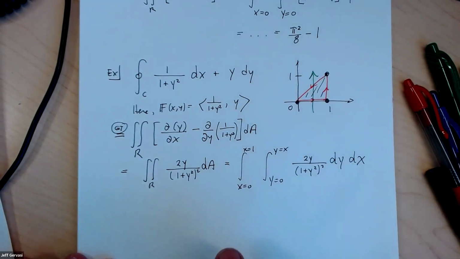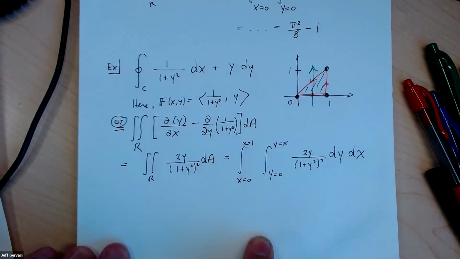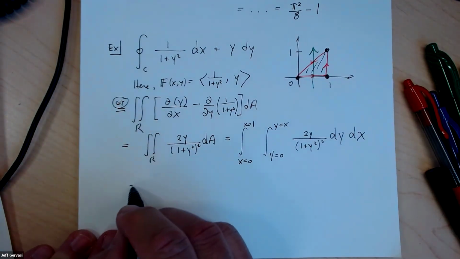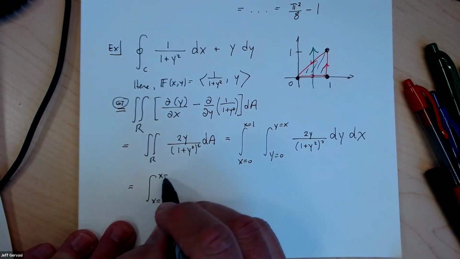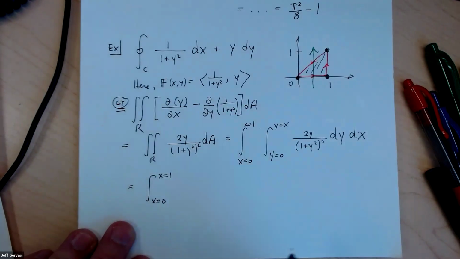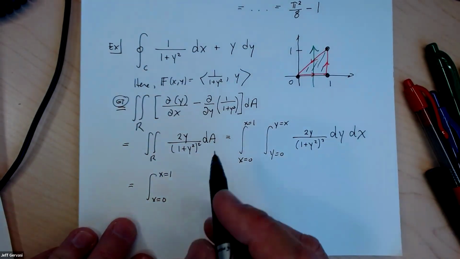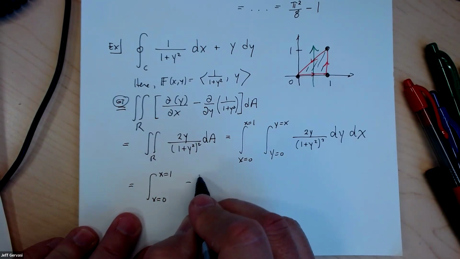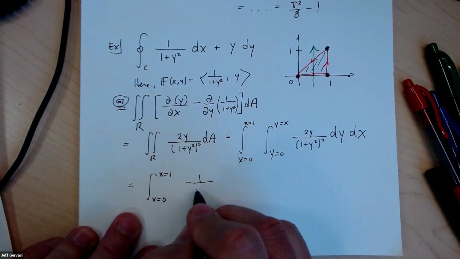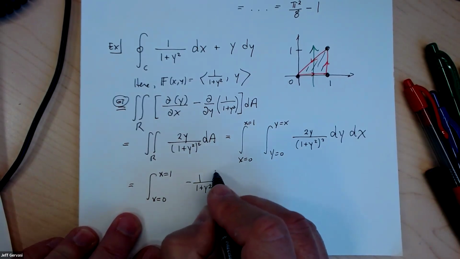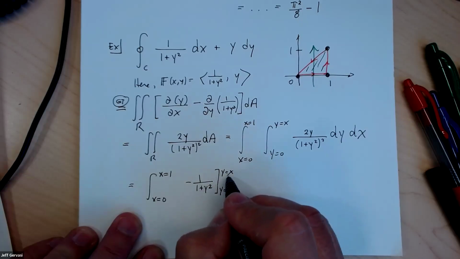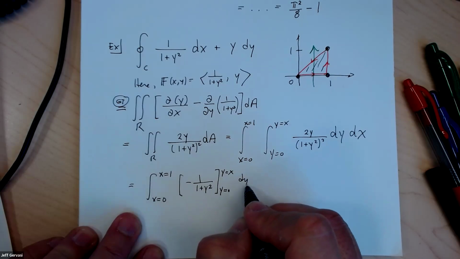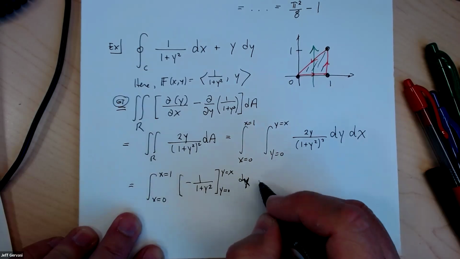Okay. And once again, this is just like the first example. It's going to be a straightforward integration. Okay. Maybe this one will do a little bit more. We integrate with respect to y first. This is a chain rule. Oops, that should be dx. Sorry about that.